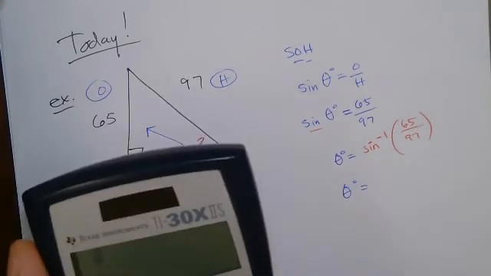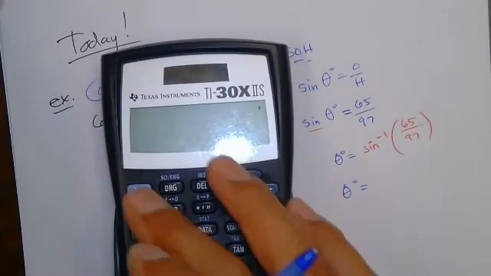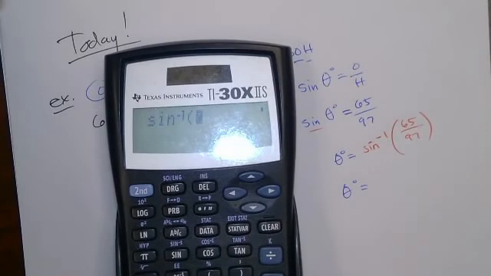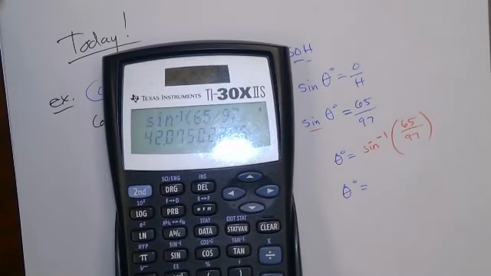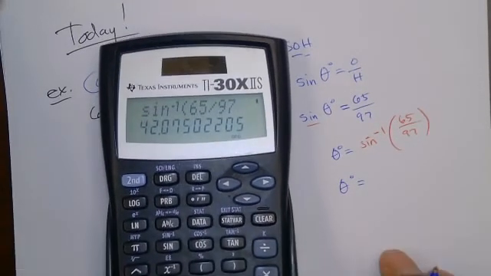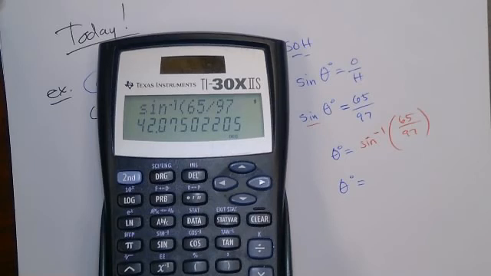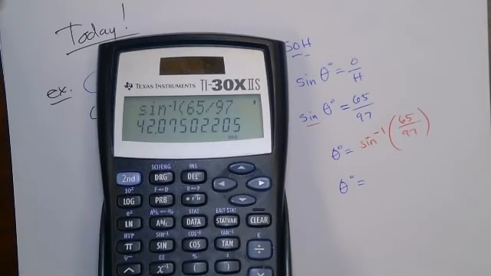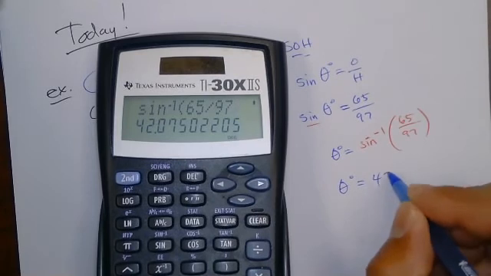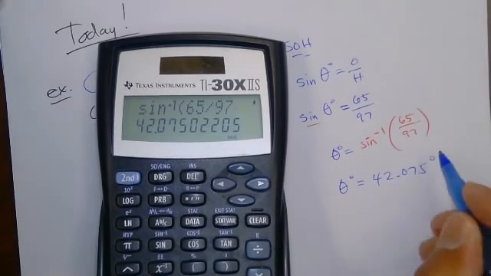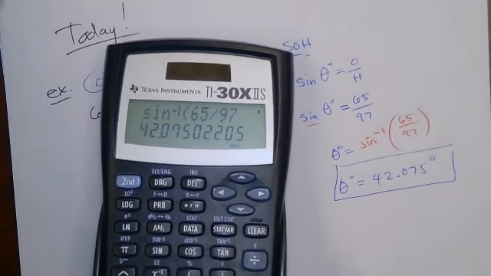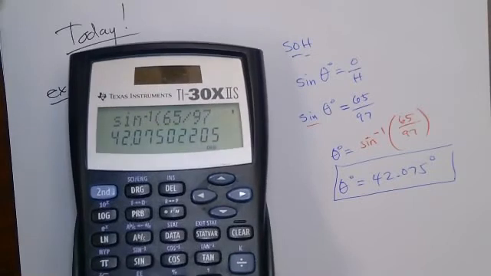What is sine inverse of 65 divided by 97? I got 42.075. Remember that. I'm just going to leave it, 42.075, just to prove a point. 42.075 degrees.